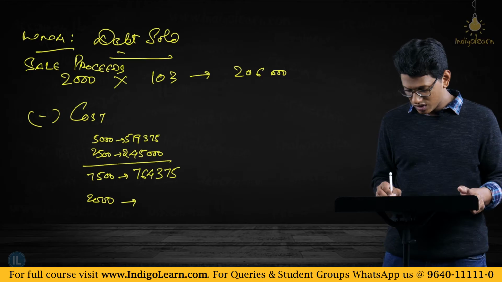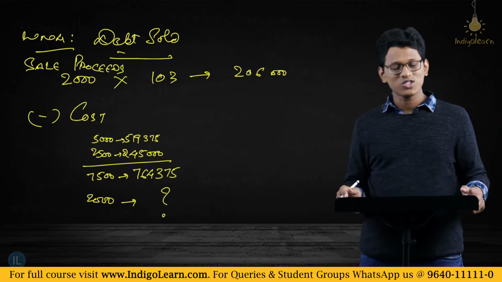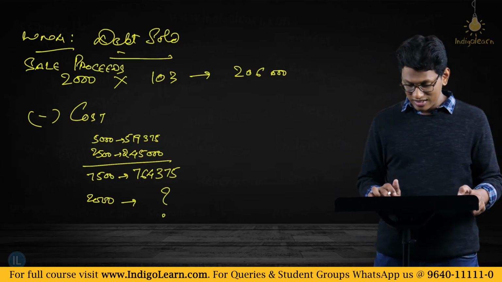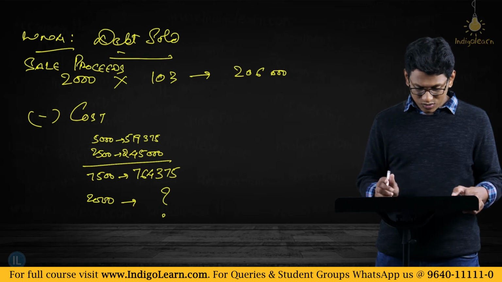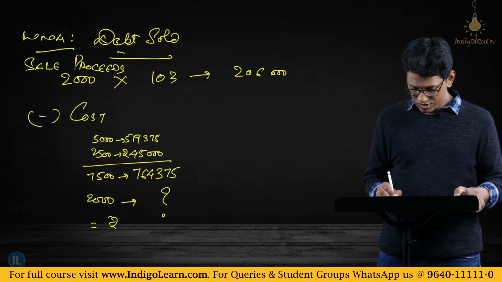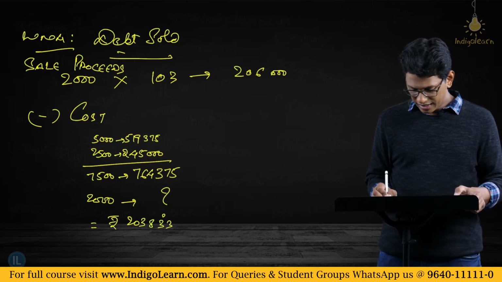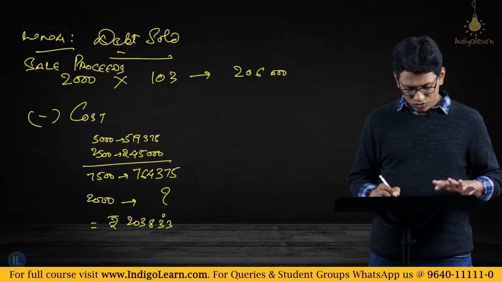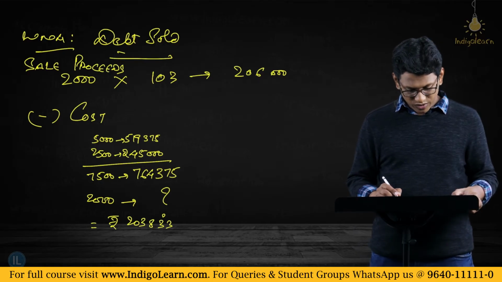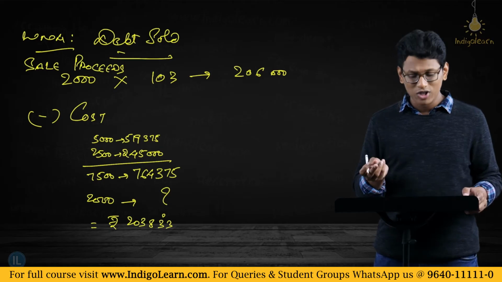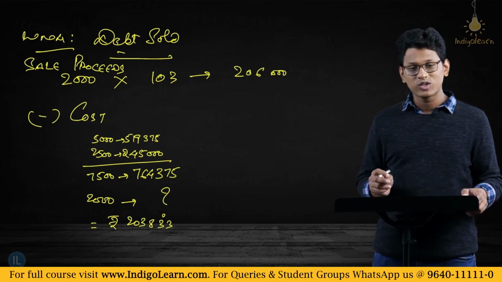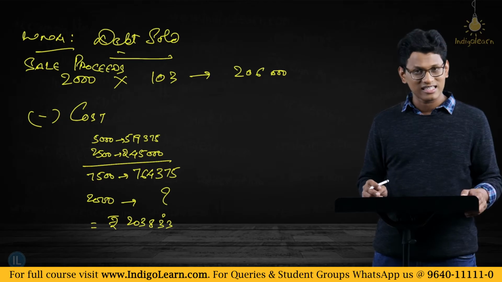How many debentures are sold? 2,000 debentures are sold. So what is the cost of debentures sold? 7,64,375 into 2,000 divided by 7,500, which is 2,03,833. Okay. So sometimes when you do calculations like this, your calculator may run out of digits because you are multiplying 2000 into 7,64,375.